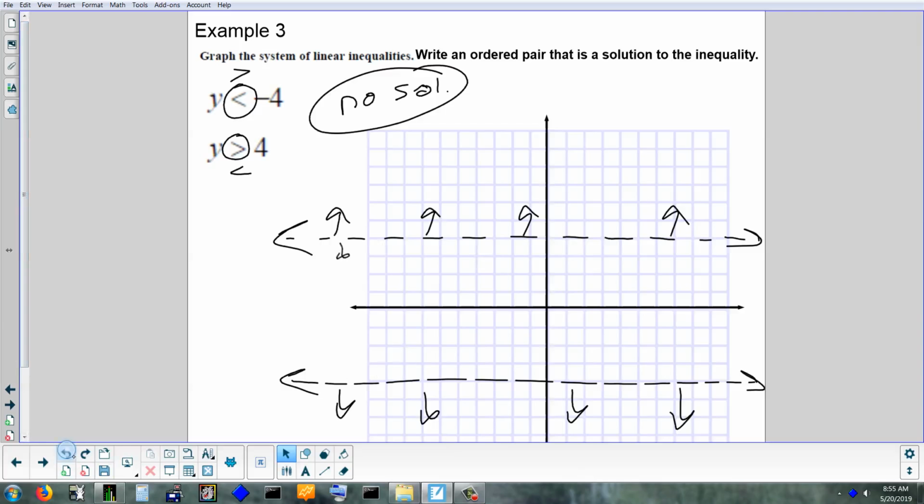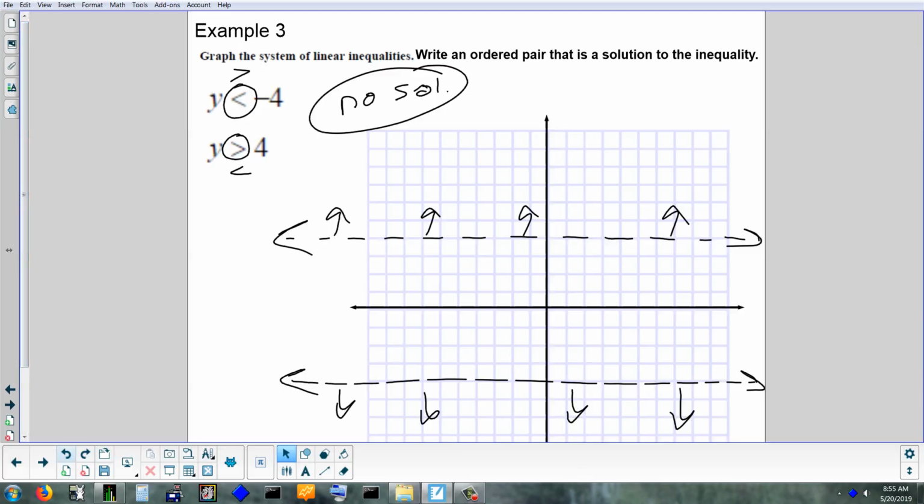So that could happen on the test. Now, you can also get the same thing with vertical. You can have two vertical lines. Sometimes you shade in the middle. Sometimes the arrows are going opposite ways, and there's no solution.